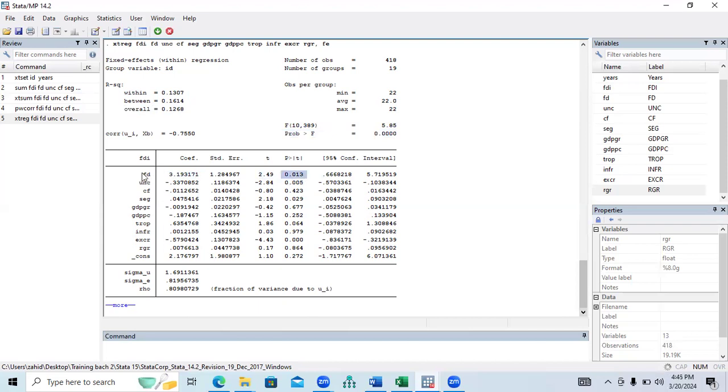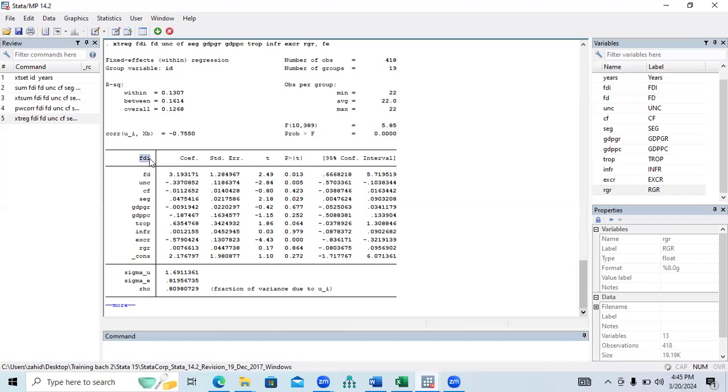If you see FDI is the dependent variable, FD is positively impacting the FDI with a significant p-value, because this value should be greater than 1.96. As it is already greater than 1.96, FD is significantly increasing FDI.